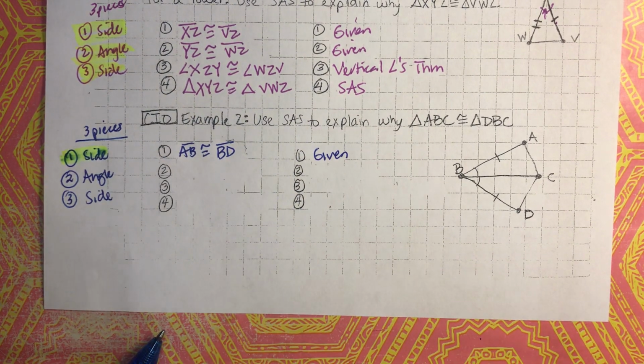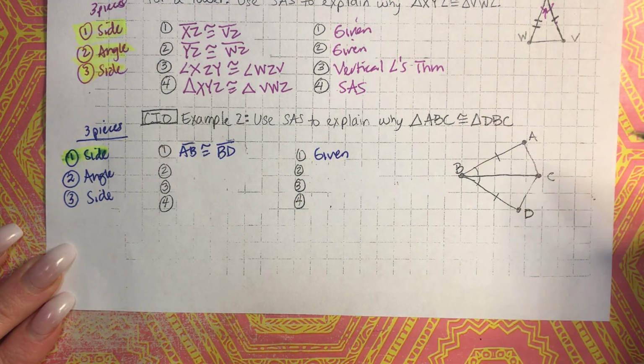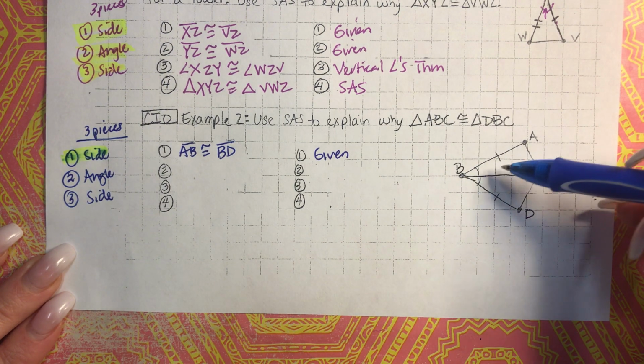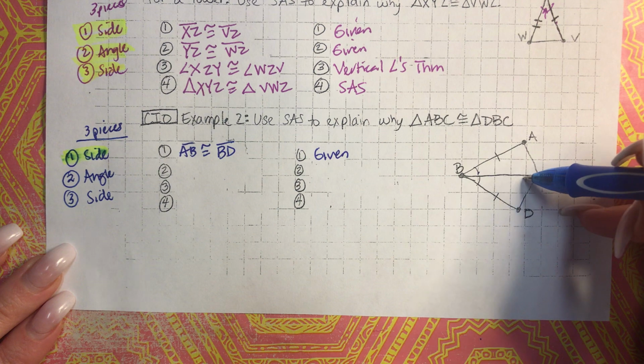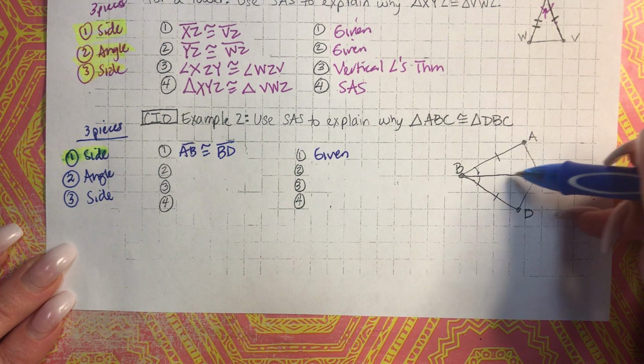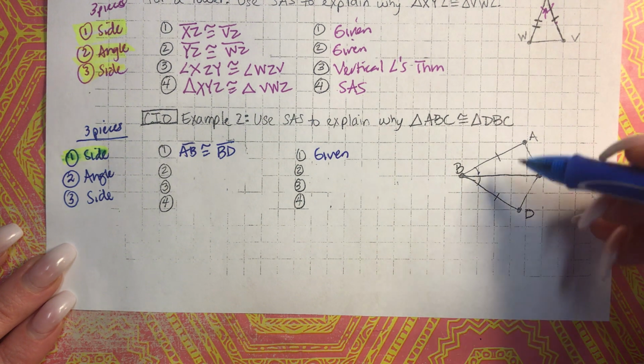What else does the problem give us? Well, it tells us that these 2 angles are congruent. Now the question is, is this an included angle? For this to be an included angle, we would have to know that this side is also congruent, not only to this triangle here, but also to this triangle.